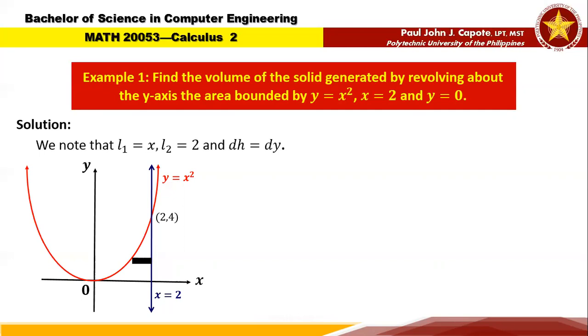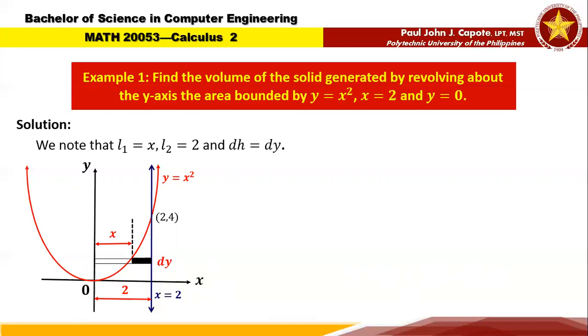We note that L sub 1, which is the distance of the left end to the y-axis, or the measure of the lower base to the axis of rotation, which is the y-axis, is equal to x.